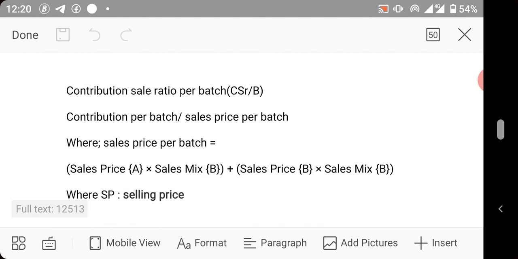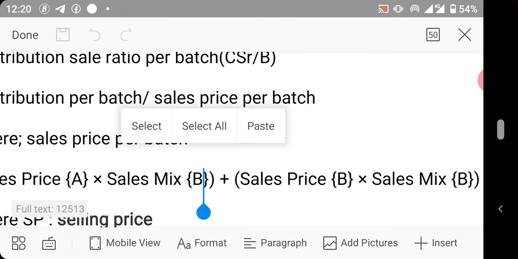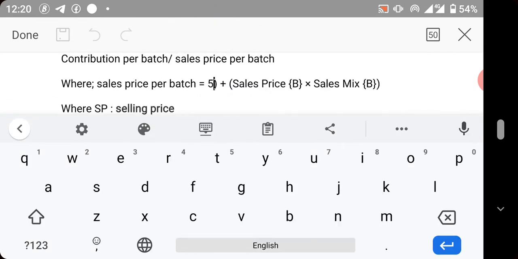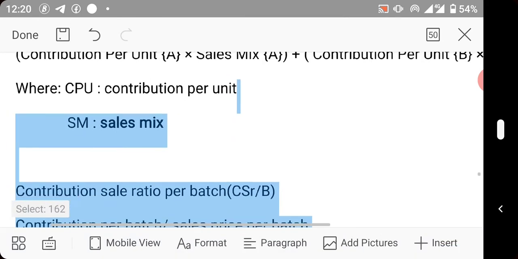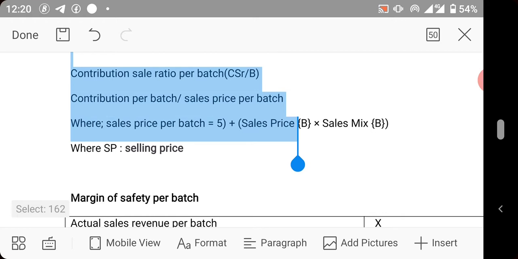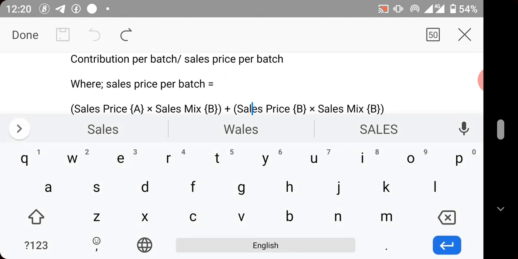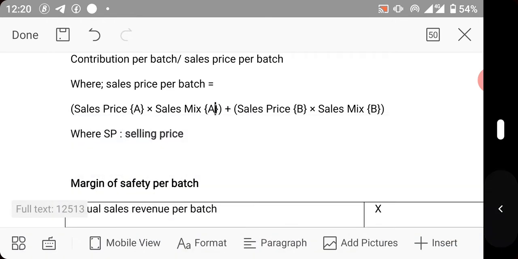It is sales price of A times sales mix of A plus sales price of B times sales mix of B. So this is A. Sorry for that typo error. Good. We have what we need.